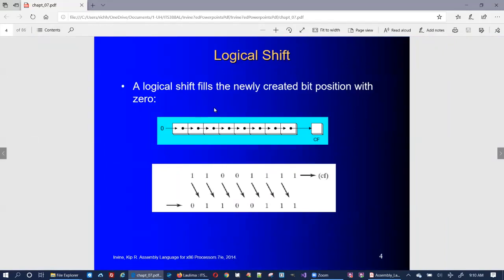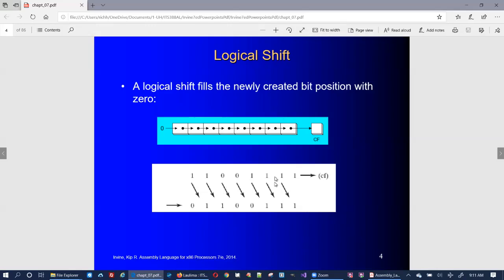Okay, so a logical shift: here we're shifting all of the bits to the right. It's pretty clear that bit number 1 goes into bit number 2 and so on. But the question is, where does the lowest order bit that gets shifted out go, and what gets shifted into the highest order bit?